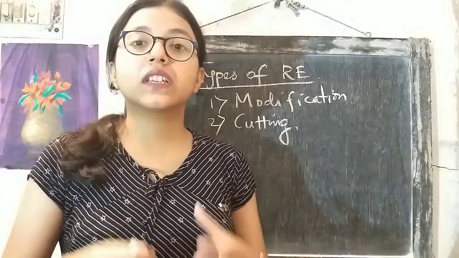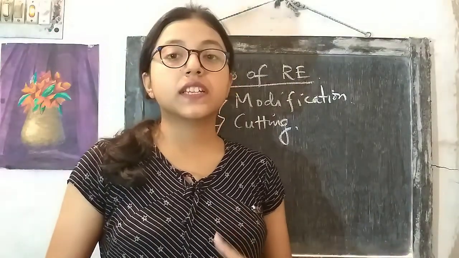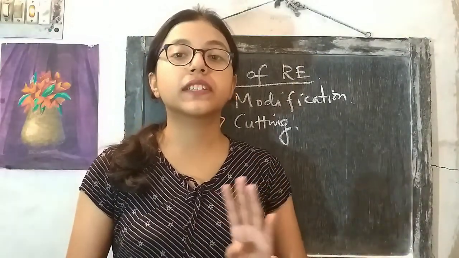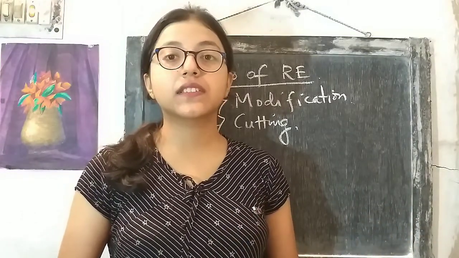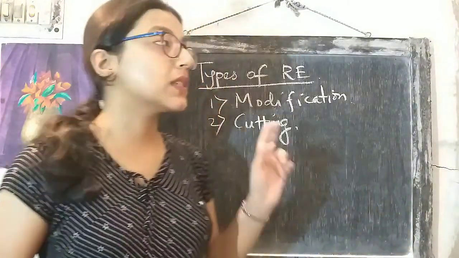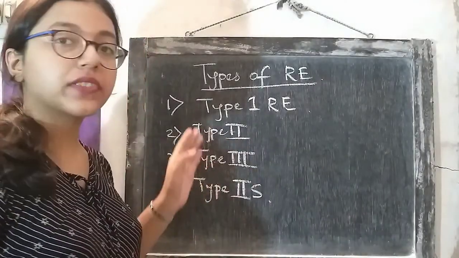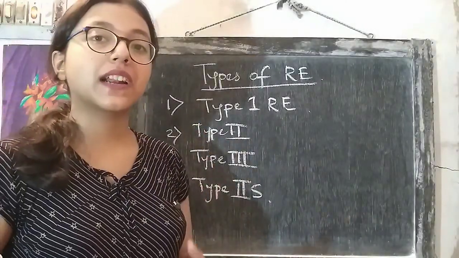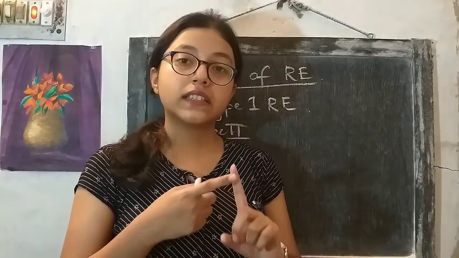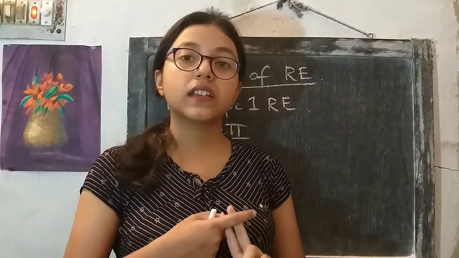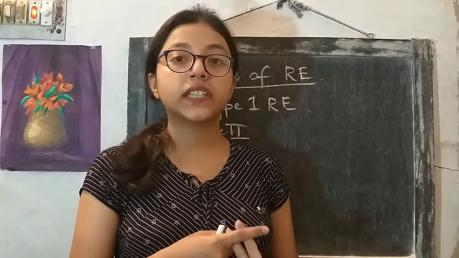So based on these two properties, the restriction enzymes are classified in four different types. Four different categories of restriction endonucleases are present based on these two properties. All of the restriction enzymes have two functions. One is modification and the other one is cutting or cleavage of the DNA molecule.